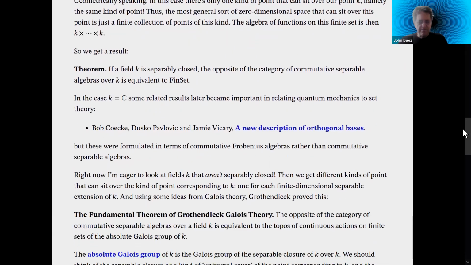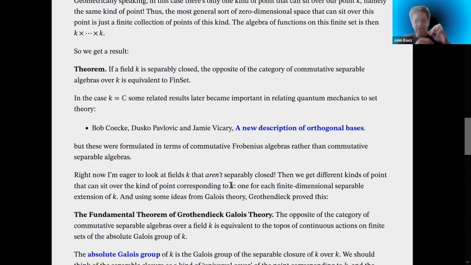So then there's this generalization when your field isn't separably closed. Then it will have a bunch of different finite dimensional separable extensions. The way I try to imagine it is that K corresponds to some kind of pointy thing, and then there could be covers that have points of different kinds, one for each kind of separable extension.